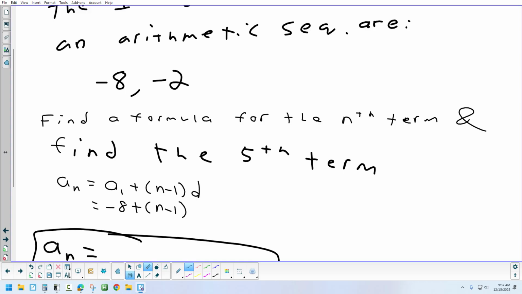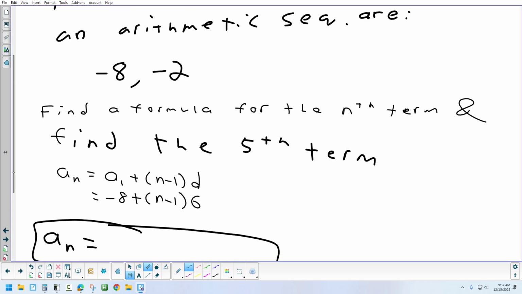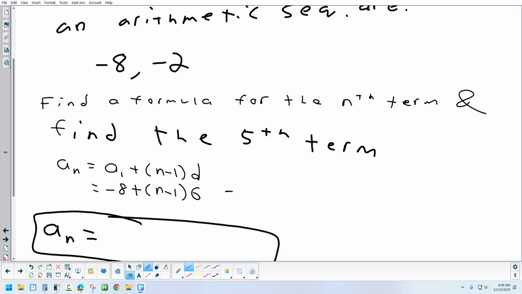No, not 5. Gianna, can you help us out? What would be our d value? Six. Yeah, you're adding 6 each time. -8 plus 6 gives you -2. Okay. So now we just have to simplify that. If we multiply 6 times n, we're going to get 6n.